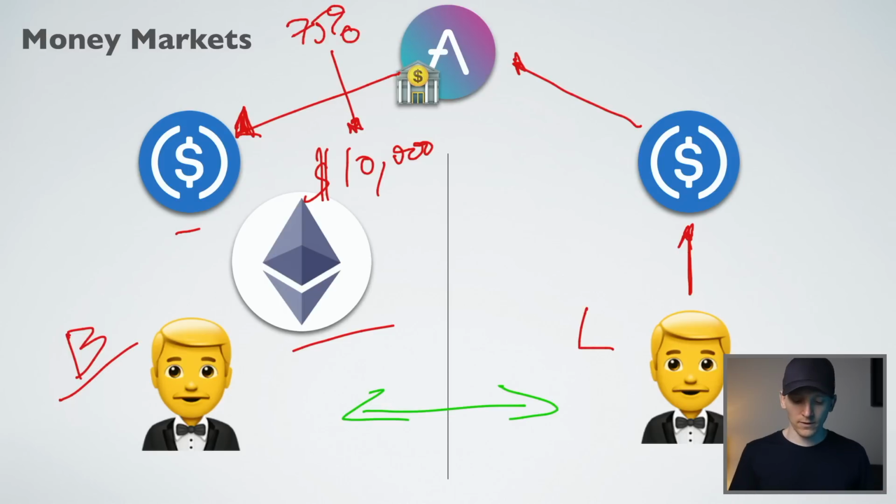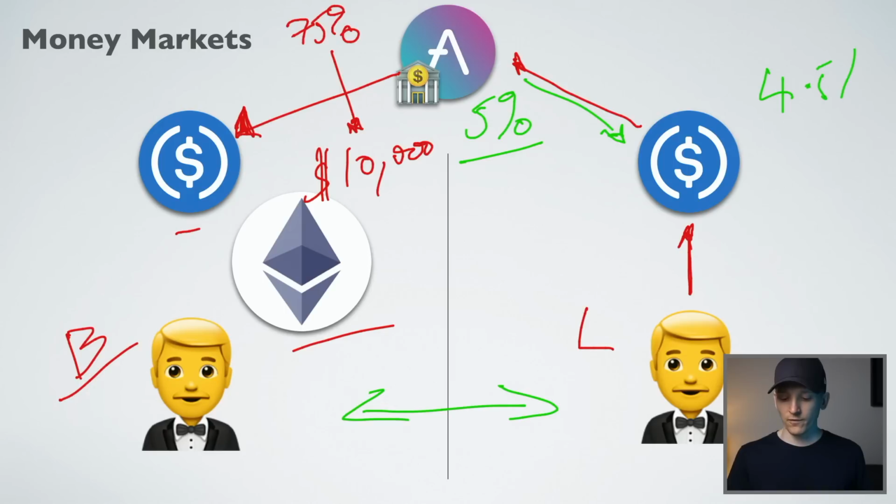So let's say that this guy over here on the left is paying 5% to borrow dollars. Well, almost 90% of that is actually going to go to this guy. So instead of making 0% in a bank for his dollars, this guy is going to make, let's call it 4.5%. So he will make way more because the bank isn't in the middle.